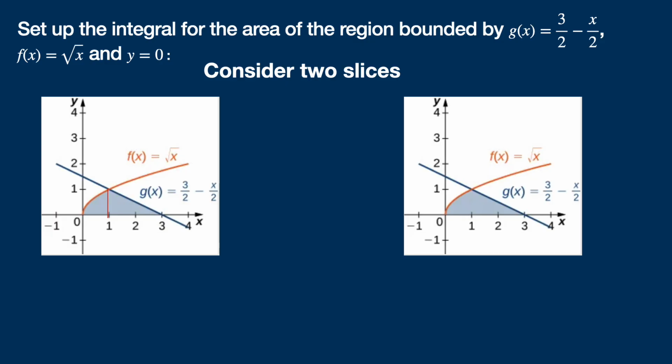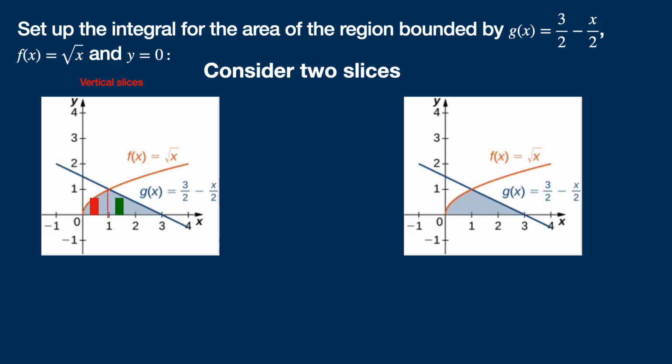I consider two slices. One is vertical, that we're going to do. The second part is horizontal. So let's just start with the vertical first, guys. When you want to do vertical slices, first you see the intersection between the two curves. That's x equals 1. So 0 and 1, guys, that's the vertical slice.